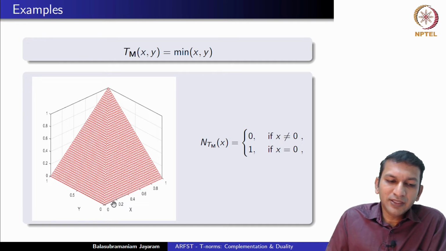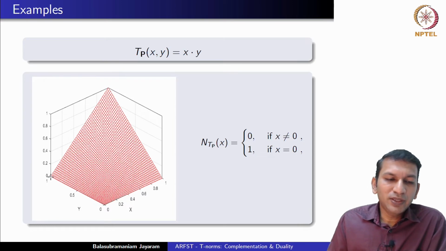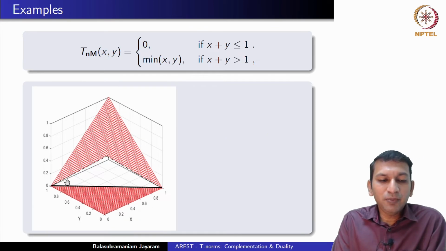Let's explore this for a few more things. In hindsight, in the light of what we have discussed, if you look at the minimum T-norm, where is it 0? Only on this boundary. That means when x is not 0, it has to be 0, and it is 0 here. And when x is 0, of course, it can go till 1. So is the case with the product T-norm, because their 0 regions are only on the boundary where x is 0 or y is 0. Now consider the nilpotent minimum.